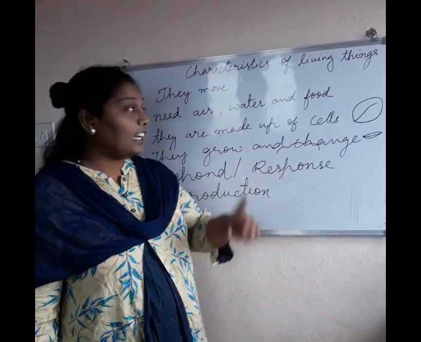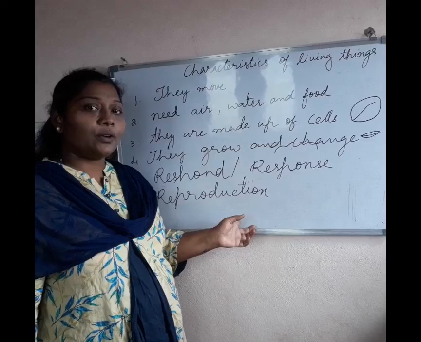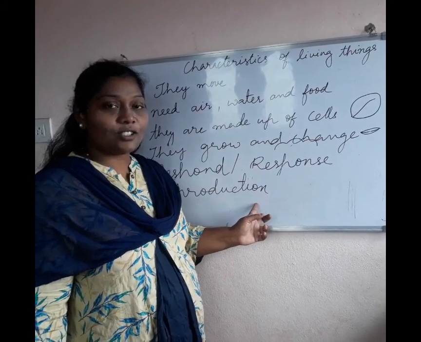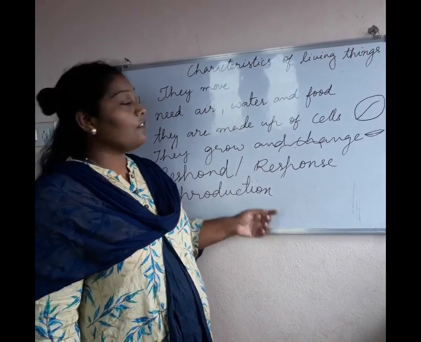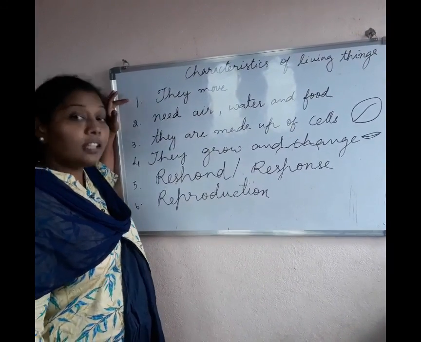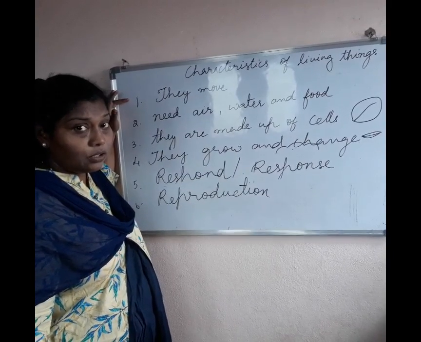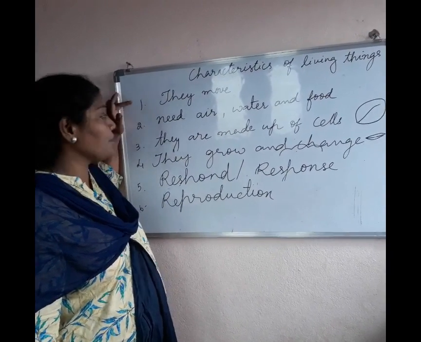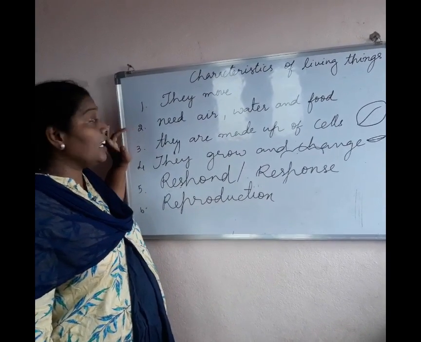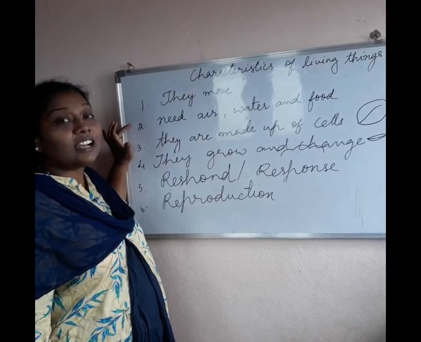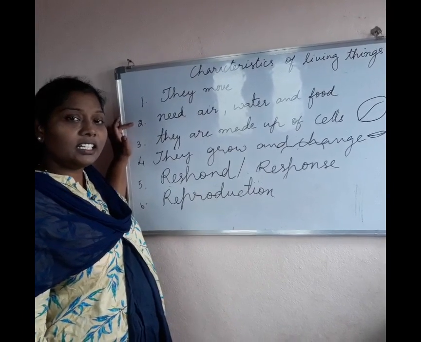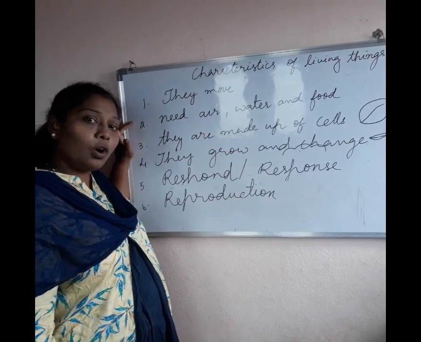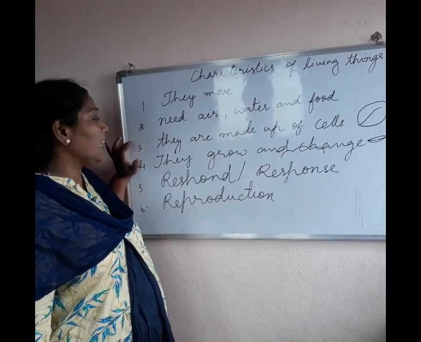Okay, children? Let us have a quick review of the characteristics of the living things. We'll see the first one. They move. Second one. They need air, water and food. Third one.